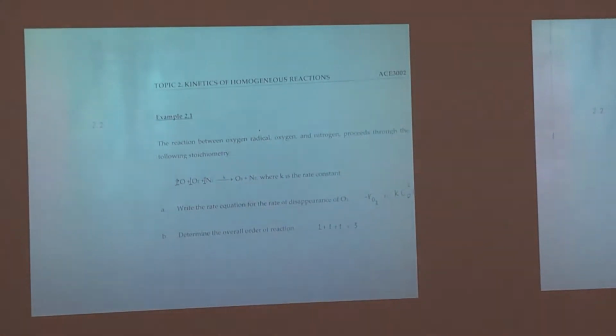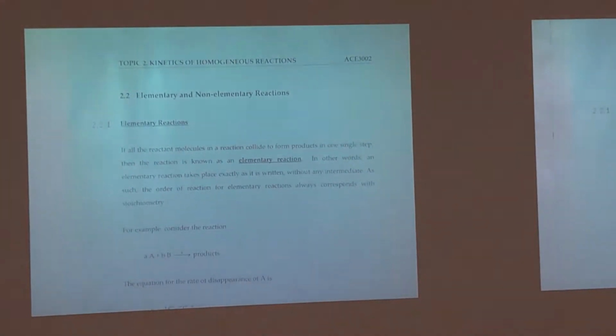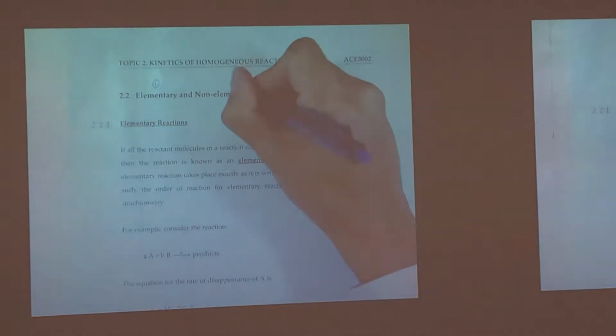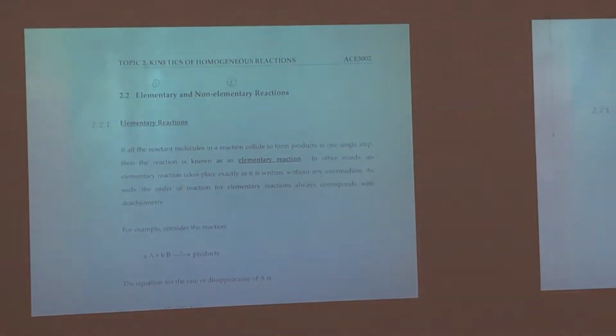So basically, what I'm trying to say is, the reactions that you see can be classified into 2 different types. One is elementary, the second one is non-elementary. So what is an elementary reaction?